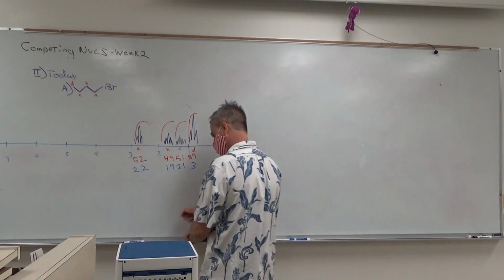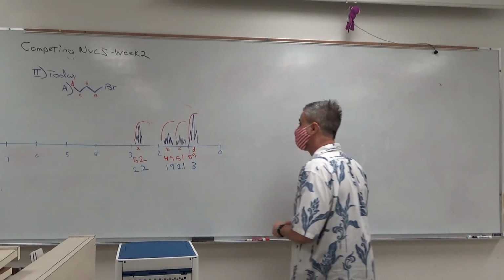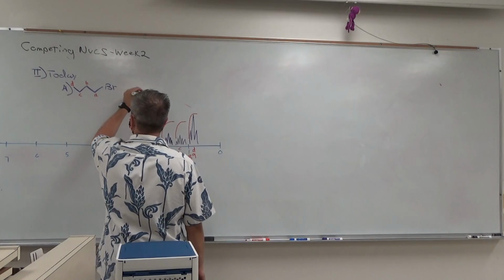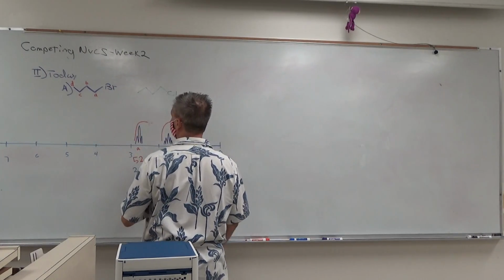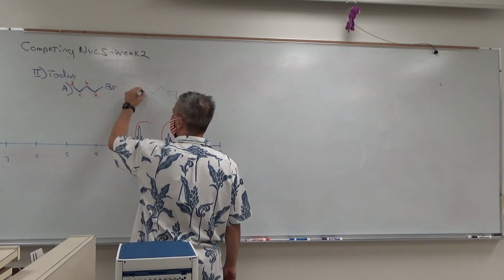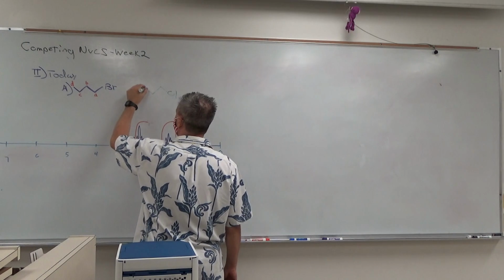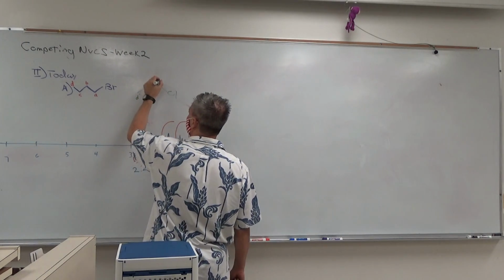Running out of color. Rainbow. This is going to be mixed in here with this. And let's say that this is D prime and C prime and B prime and A prime.